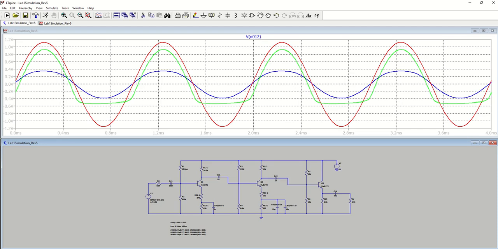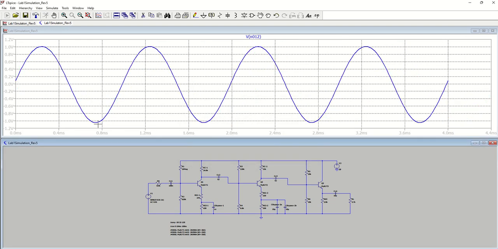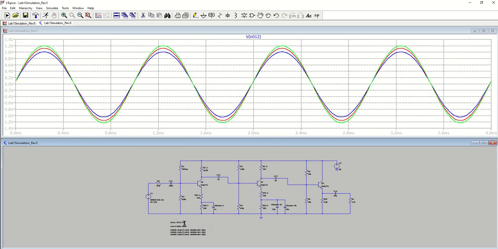See how far it dropped at negative 200 degrees Celsius, and then at 150 degrees we start to see some clipping. So that's too hot for that transistor. But it looks like through simulation it could run at 120 and we're not getting any clipping.